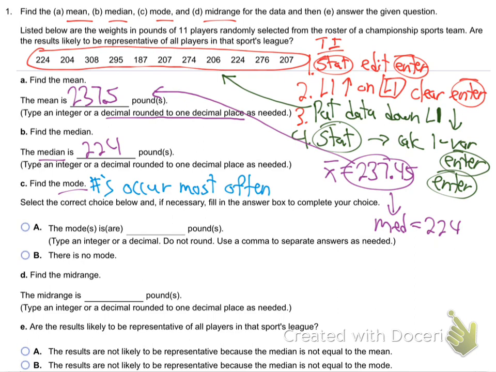I'm looking for repeated numbers. 207, 207, that's repeated, and 224, 224. They're both repeated numbers, so you just list them both with a comma. The order doesn't matter. 224, comma, 207.